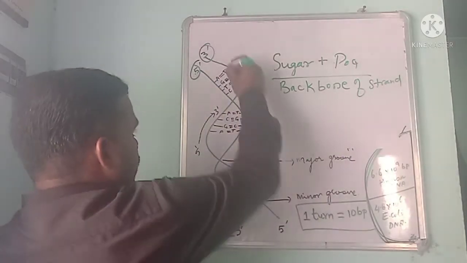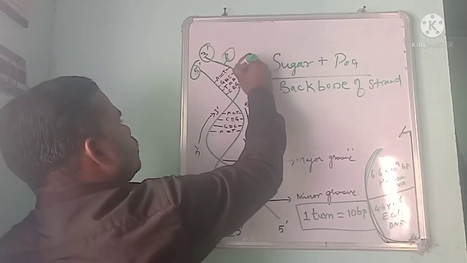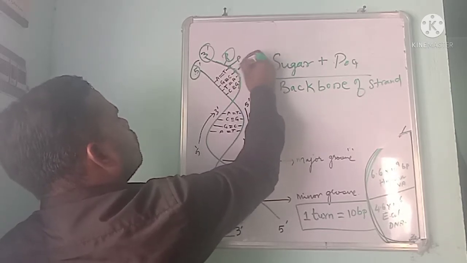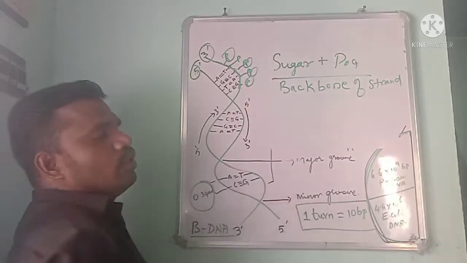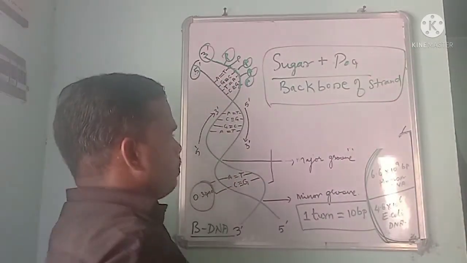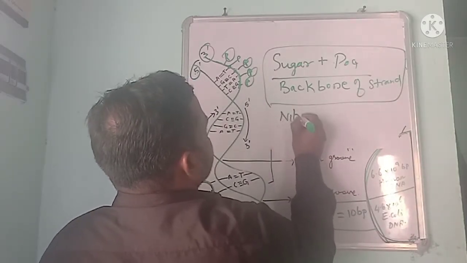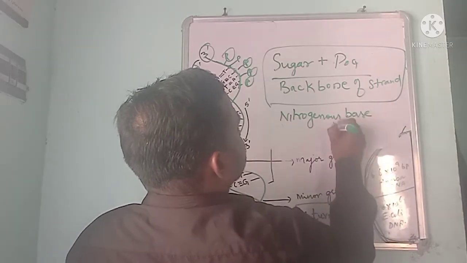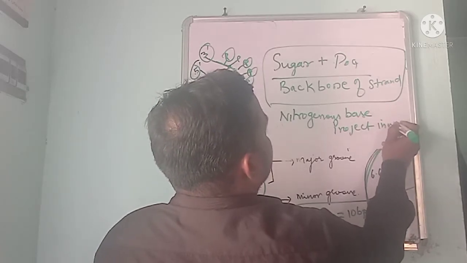Here we will identify the sugar and phosphate group. Like that it goes on. So the sugar and phosphate groups form a backbone. The nitrogen bases project inward of the strand. Got it?